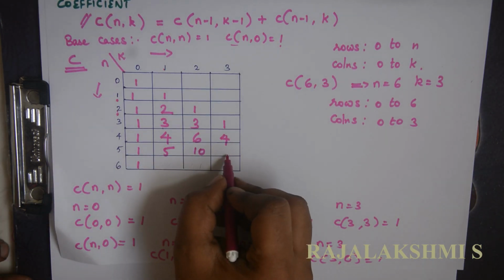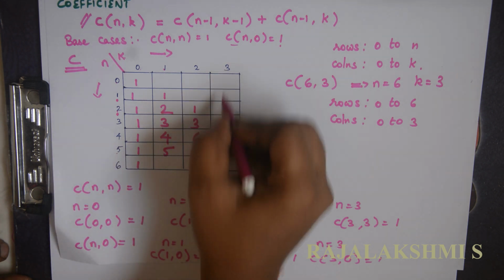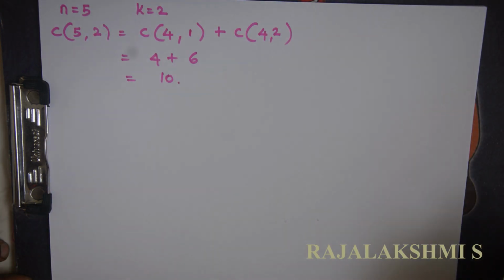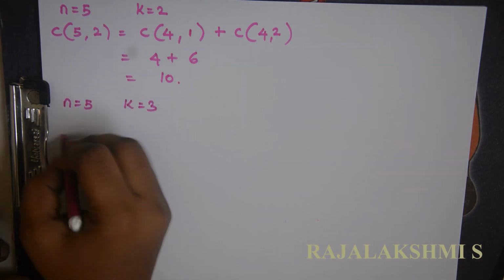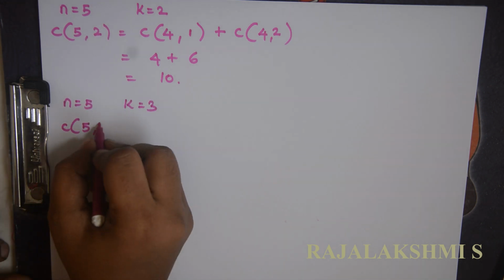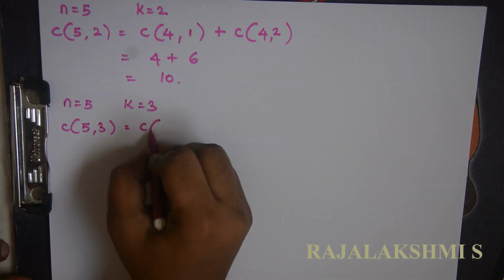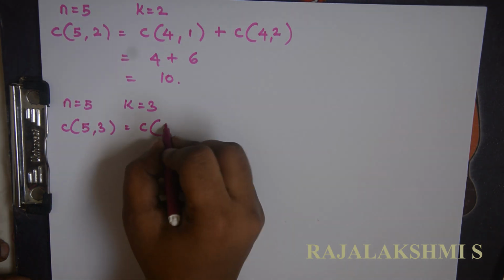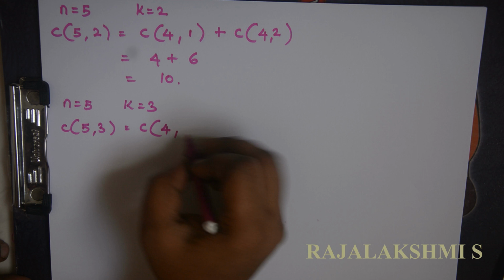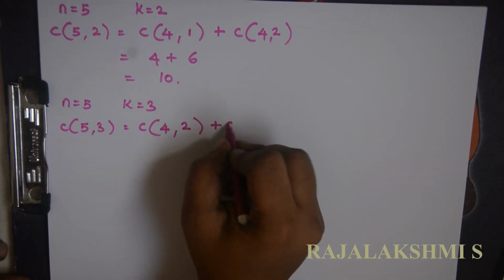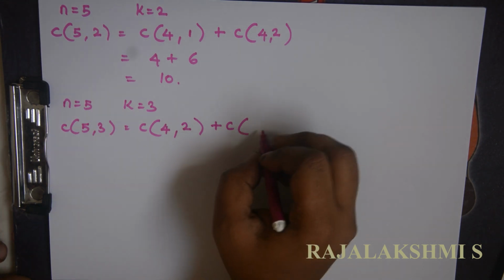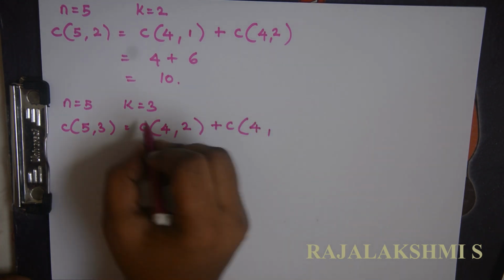So the next value we should find is n is equal to 5 and k is equal to 3. So C of 5 comma 3 is equal to C of n minus 1, which is 5 minus 1, that is 4, comma k minus 1, which is 3 minus 1, that is 2, plus C of n minus 1, that is 4, comma k.